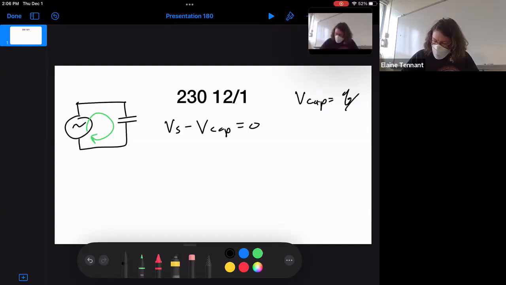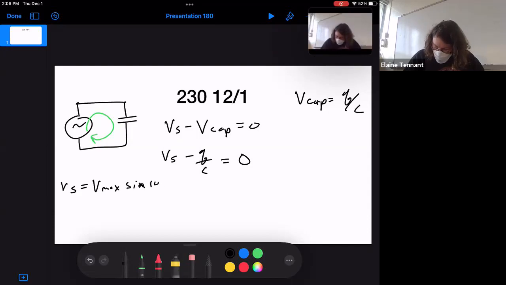We said the voltage of the capacitor was Q over C, and since the source voltage was Vmax sine omega t, then the Q had to be C times Vmax sine omega t.